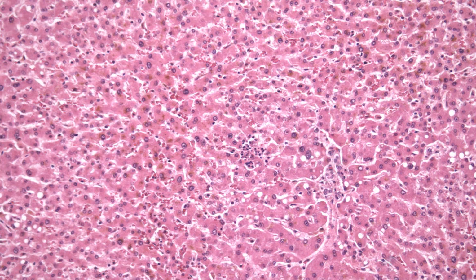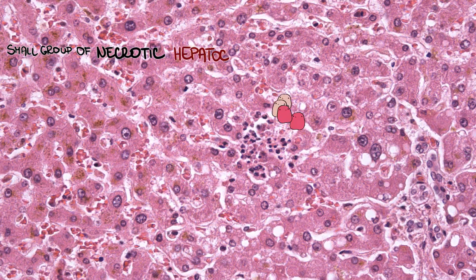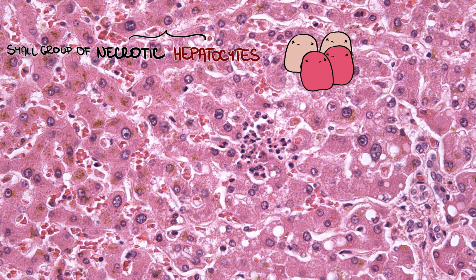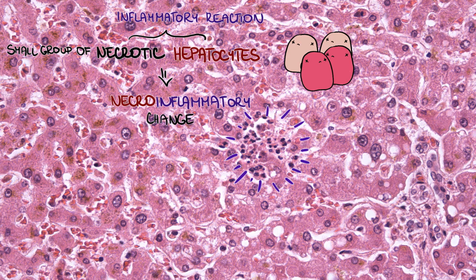In the microscopical picture, we can appreciate a small group of necrotic hepatocytes surrounded by an inflammatory reaction, so-called necro-inflammatory change. In some instances, earlier stages of hepatocyte regression may be seen.